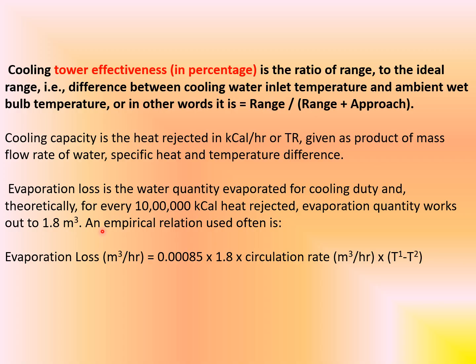An empirical relation used is evaporation loss in meter cube per hour equals 0.00085 multiplied by 1.8 multiplied by circulation rate in meter cube per hour.